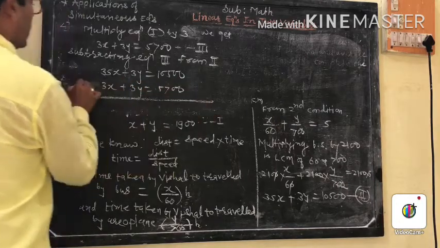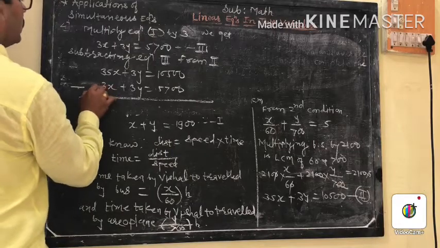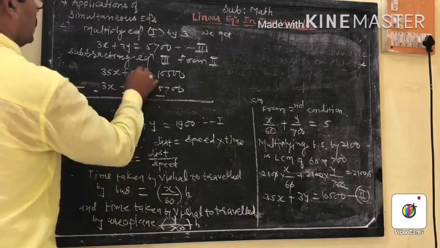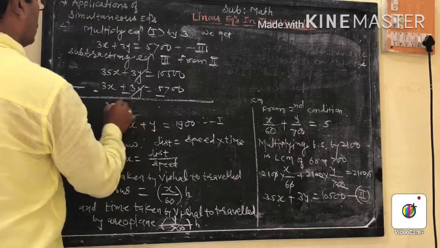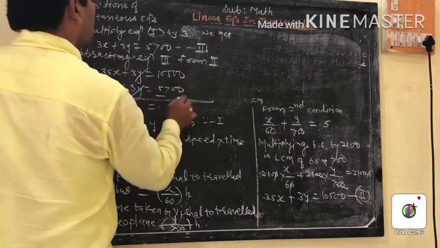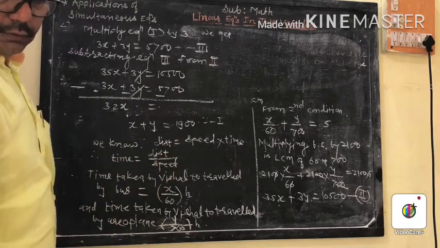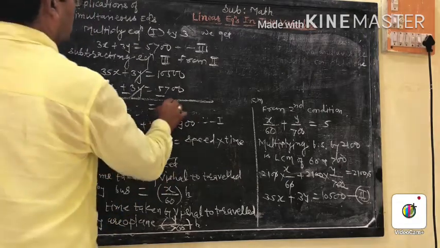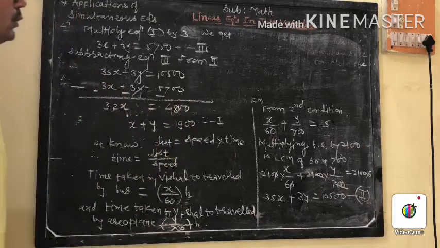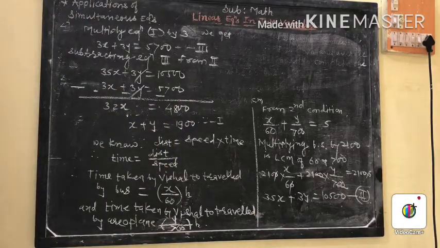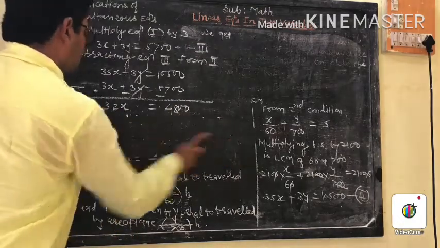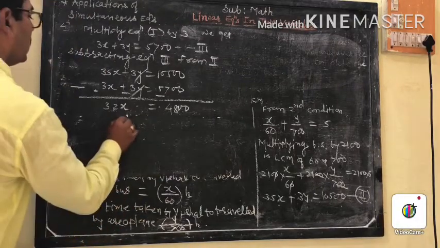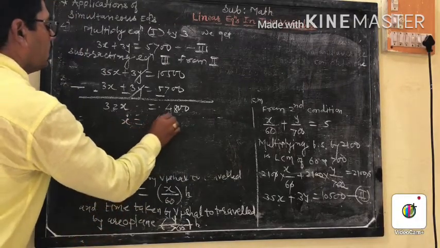If you subtract, you get 32x is equal to the remaining 4800. If you divide 4800 by 32, you get the value of x.